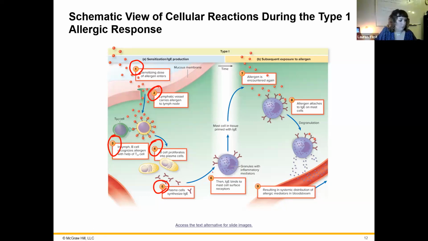Okay, so these guys are coming back. They bind on the surface of mast cells, and then as those IgEs interact with the allergen, that allows the mast cells to degranulate, and that'll result in the reaction that we see with allergies.